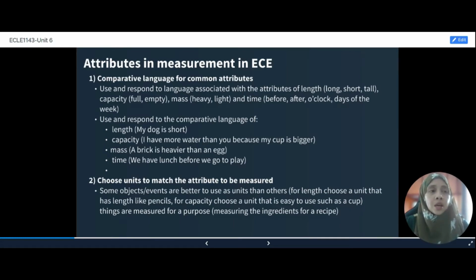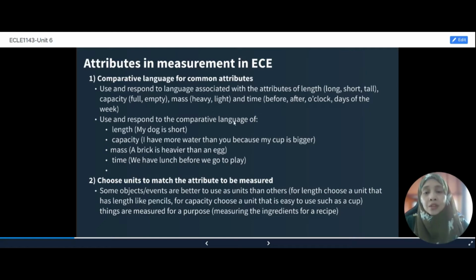This bucket is full of toys. This bucket is empty. Heavy or light for the mass. You are heavier than me. This ball is lighter than the block. For example, time: before, after, o'clock, days of the week. I sleep before midnight. I come to school at 7 a.m. Okay, there are 7 days in a week.